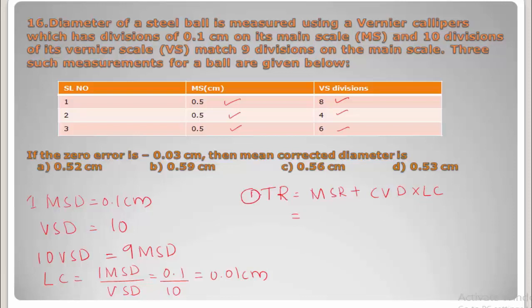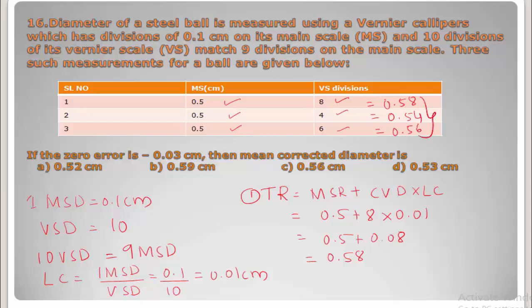For the first trial, MSR is 0.5, CVD is 8 and LC is 0.01. So the total reading for this value is 0.5 plus 0.08. So it becomes 0.58. For the next trial the reading is 0.54, and for this trial 0.56.